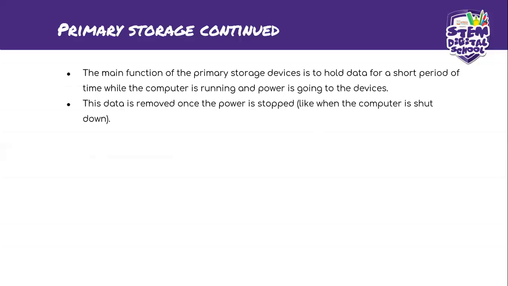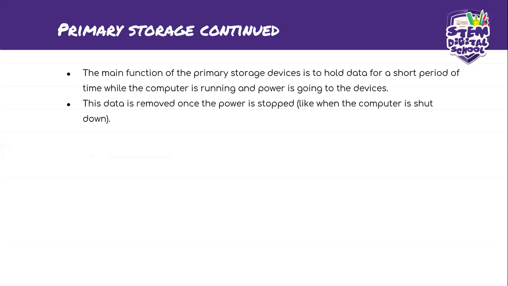This is saved, but it is saved for a short period of time. And please note that this data is removed once the power is stopped. So if the power is stopped or the computer is shut down, then this data is removed.